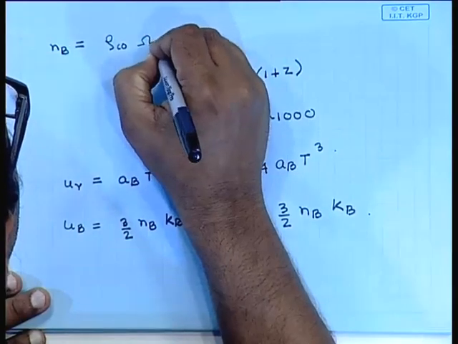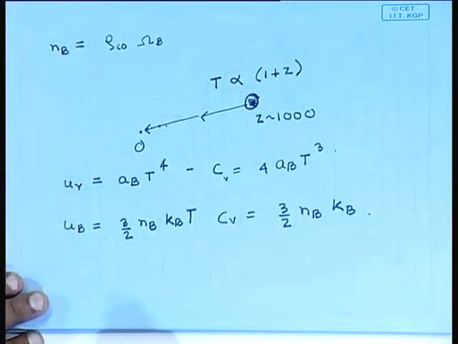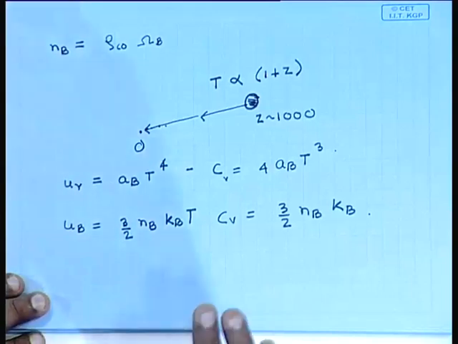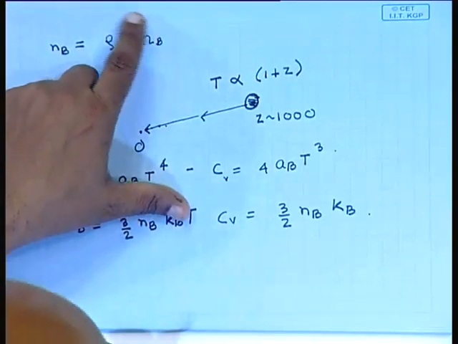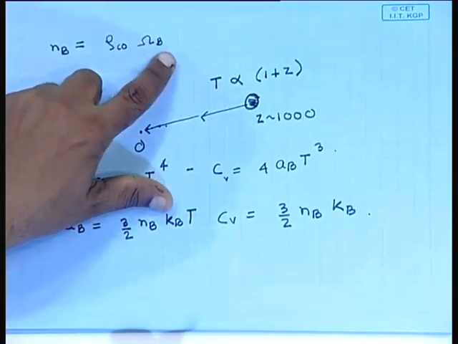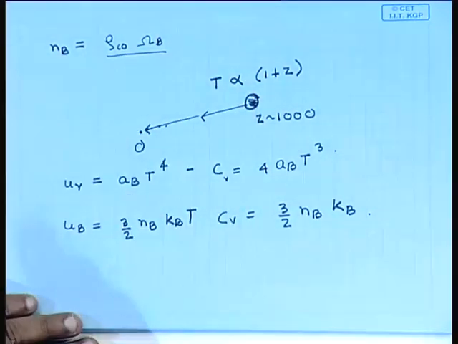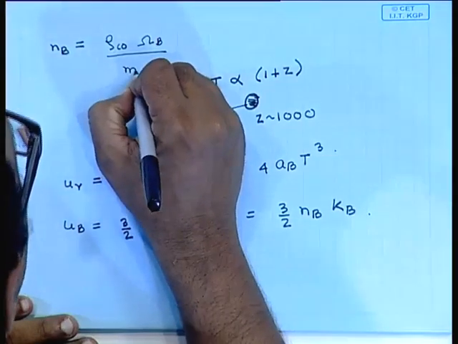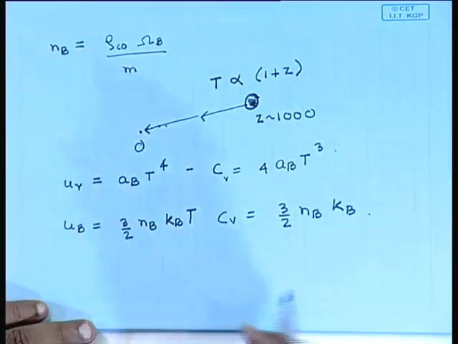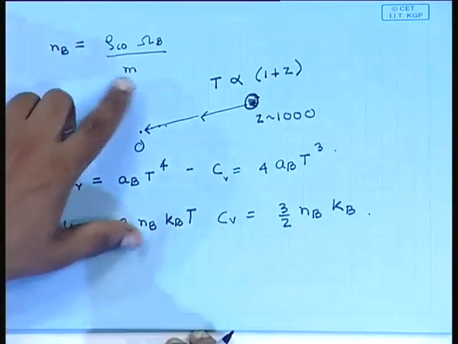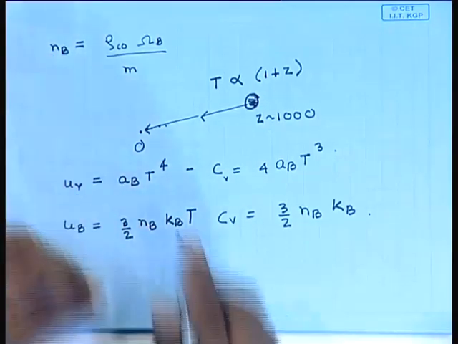Now, the density parameter in the baryons, let us say, is omega baryon. That is the density parameter in the baryons at present. So this will give me the density of the baryons, and what I have to do is divide this by the mass of one proton or one neutron, which is approximately the same, and I will get the number of hydrogen atoms, or mass of one hydrogen atom.